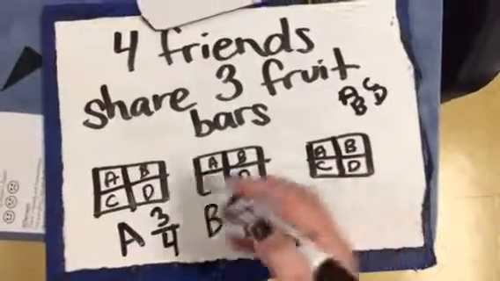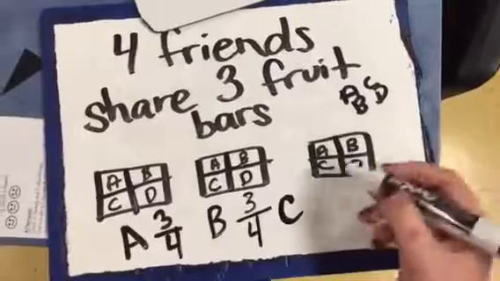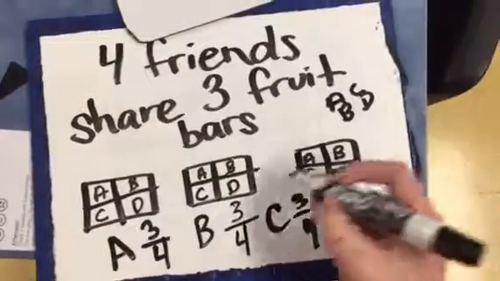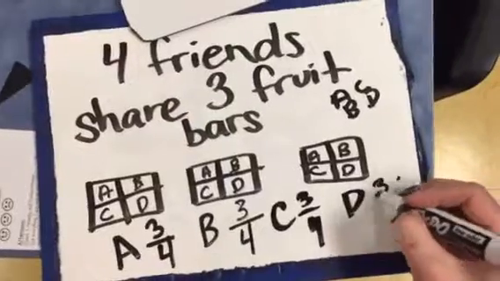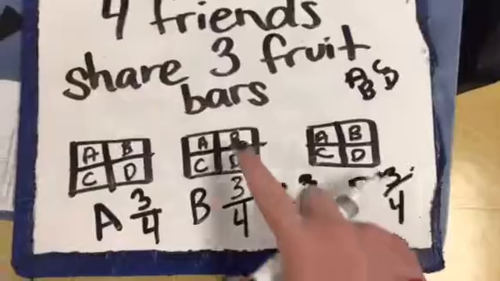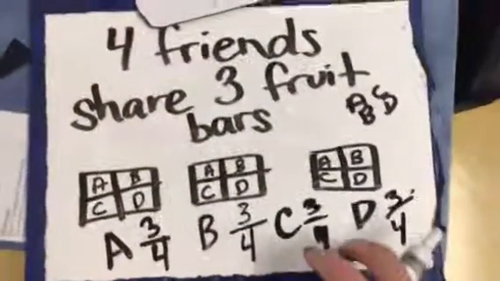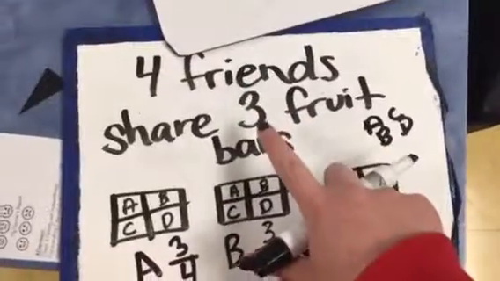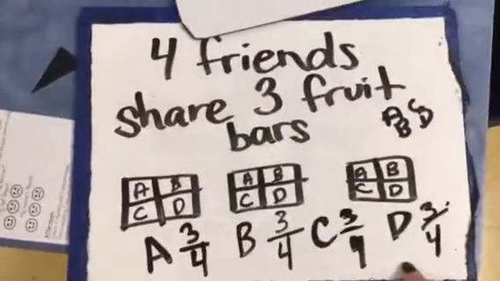D got 3/4. So each friend would get 3/4 of a bar. They would not get a whole bar. That makes sense because if you have 4 friends and 3 fruit bars, there's not enough for everyone to have a whole one.